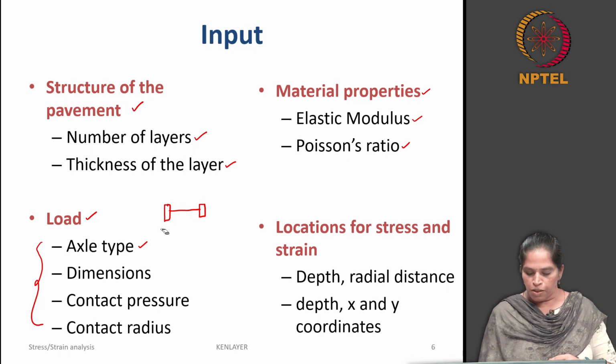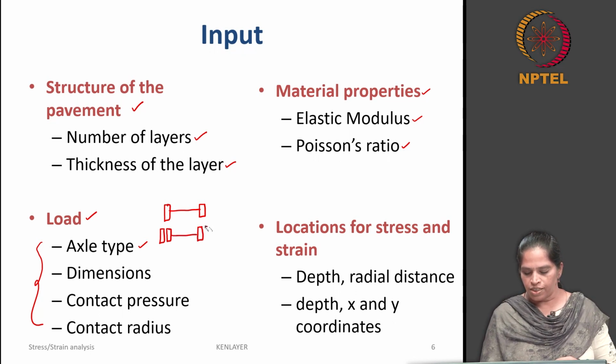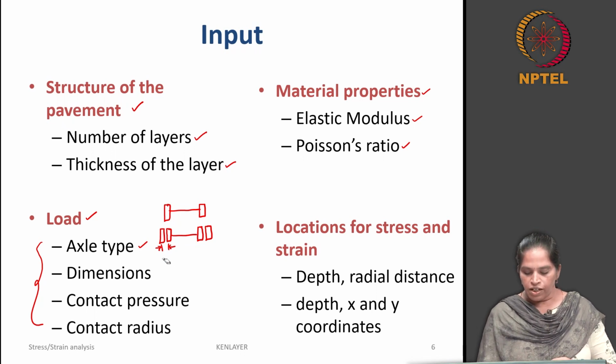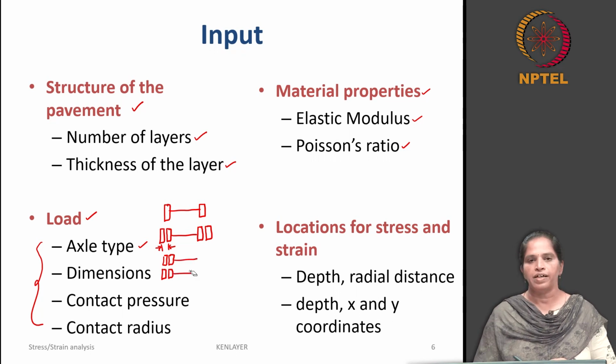Or it can be a single axial dual wheel, so 2 wheels on each side, spaced at some distance between the 2 wheels, but you have only one axial. In a tandem axial, you have 2 axials, so 4 wheels on each side. So this is a tandem axial.